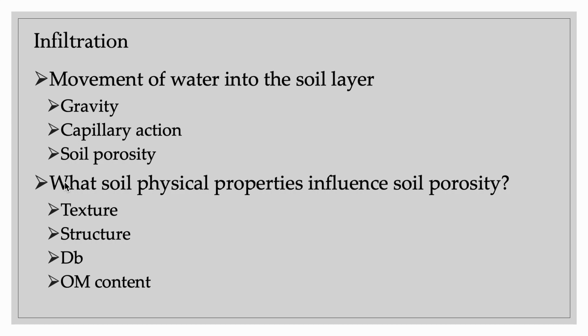Bulk density, because obviously bulk density is a measure of the amount of pore space that we have in that soil. And then finally, organic matter content. And organic matter content is really going to act like a sponge that is going to separate some of those places and give us some room in that soil porosity, but it's also going to have its own water holding capacity.